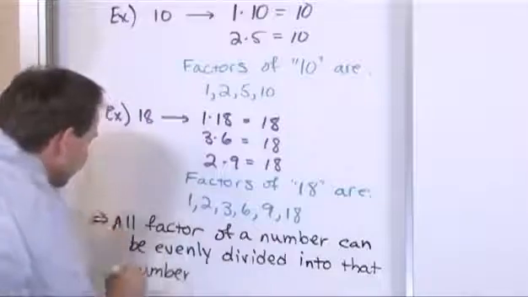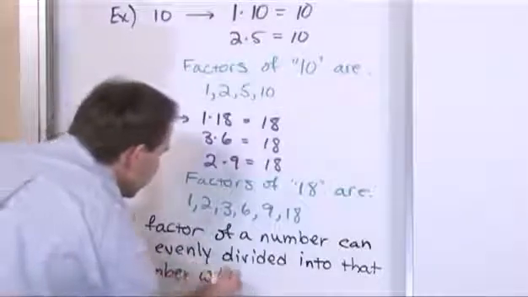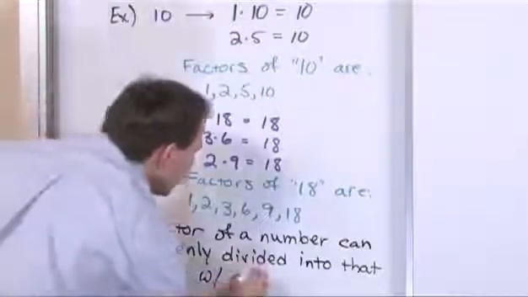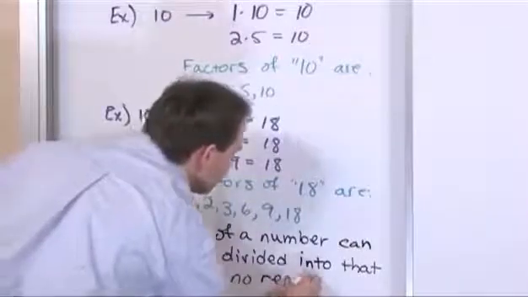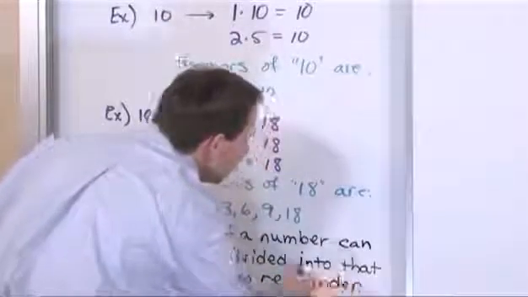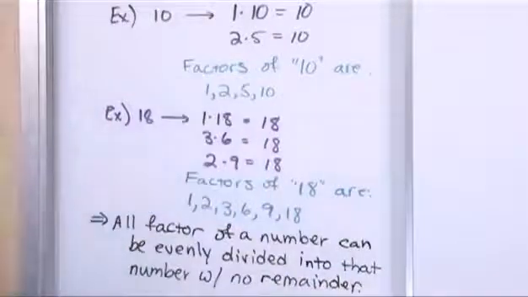And just to be absolutely clear, I'm going to put "with no remainder." No remainder just means that there's nothing left over, so it divides evenly.